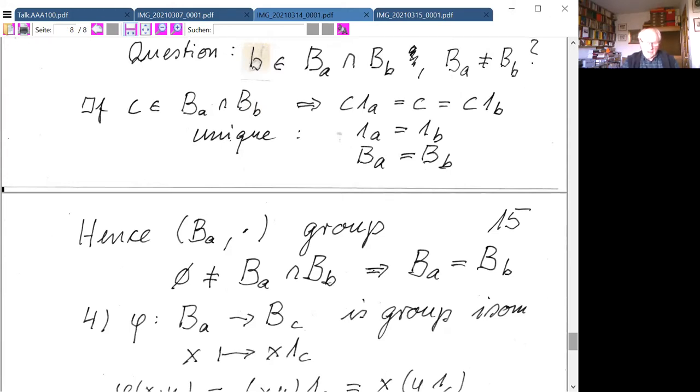The inverse of an element a is situated in B_A itself. And we have also that if B_A intersection B_B is not empty, then they must coincide.